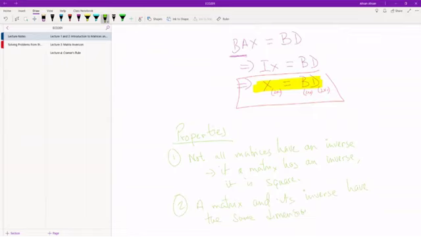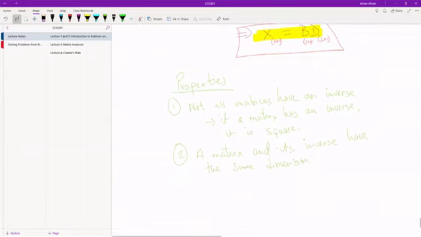Now here's the thing. For this course, if you just remember this property, it's sufficient. But it's also interesting to try and think about why this might be the case. I'm not explaining it now. If you are interested, I want you to try and figure out why a matrix and its inverse must always be of the same dimension.